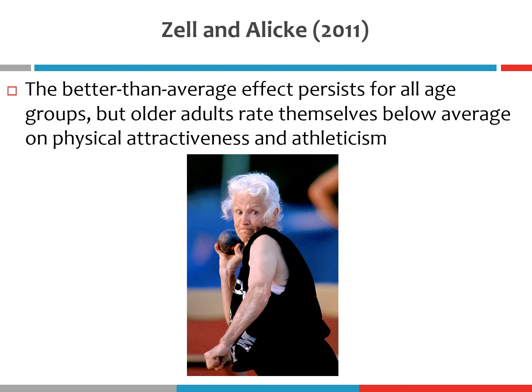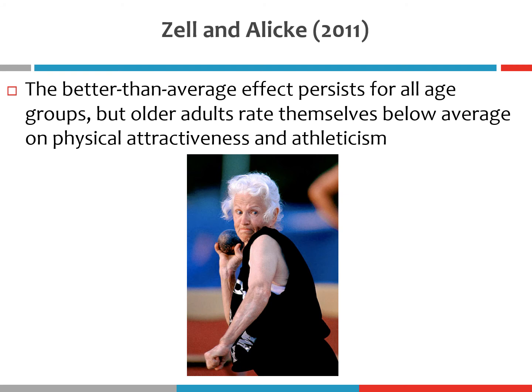These groups included young people between the ages of 18 and 39, middle-aged people between the ages of 40 and 59, and an older adult group between the ages of 60 and 85. And what the researchers wanted to see is if each group felt that they were better than average on a variety of traits and abilities, right?